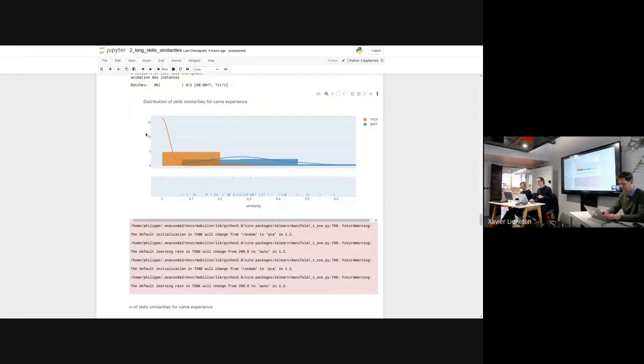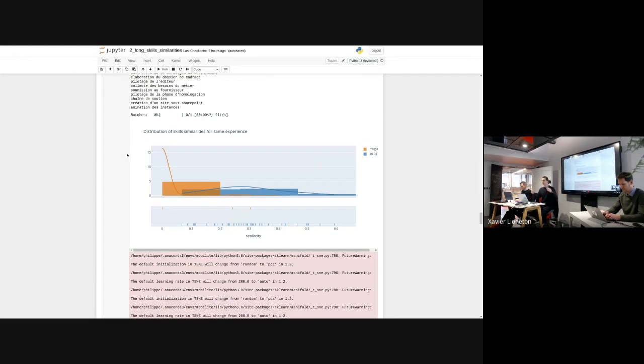Maybe I should explain the TF-IDF first. Another method we tried, which was simple, is to count how many times a specific skill comes up in different jobs, like we did in the first step with TF-IDF.